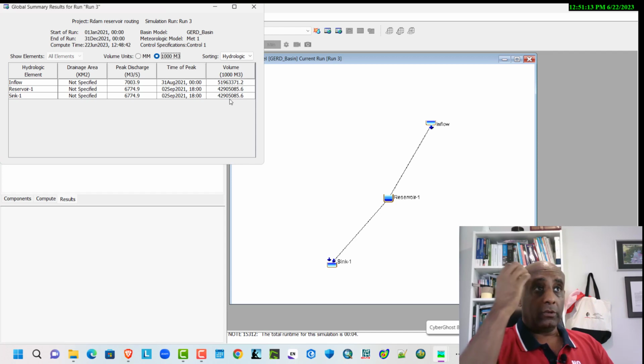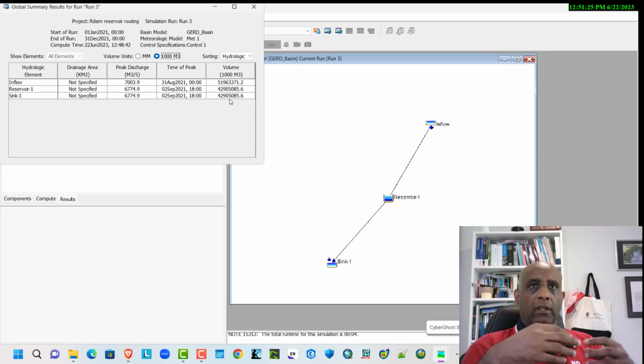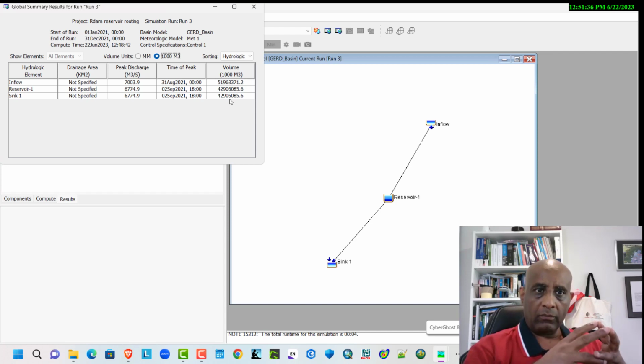So it needs to be stored and needs to be studied so that how much water must be released throughout the year continuously without affecting the downstream side, without affecting the electric generation. The generation of electricity has to be the same all the time. You can't say, no, we are sorry, we don't have electricity today.